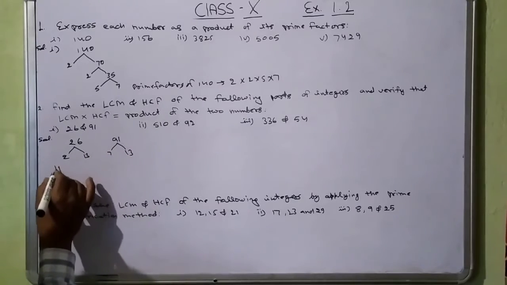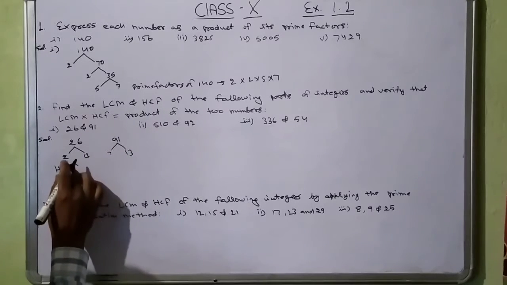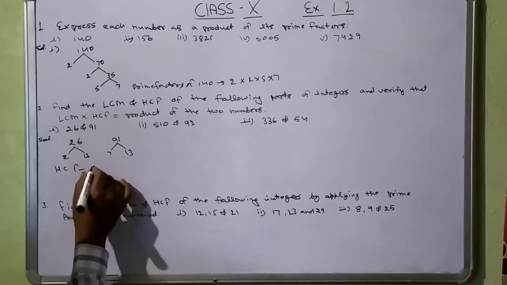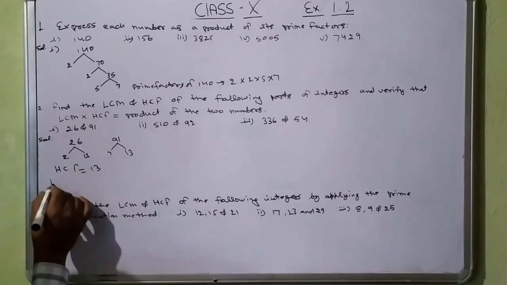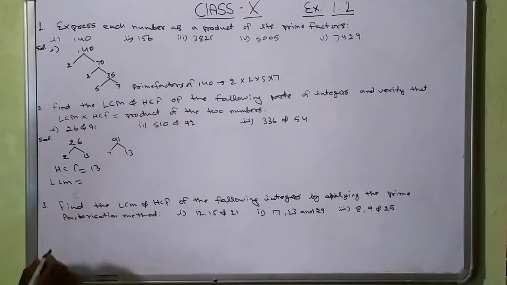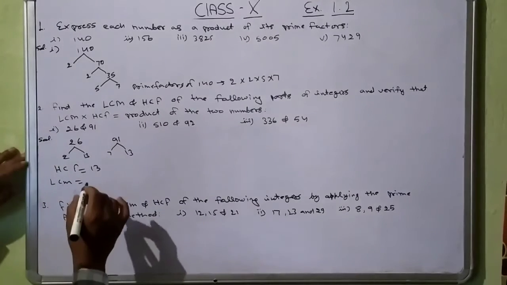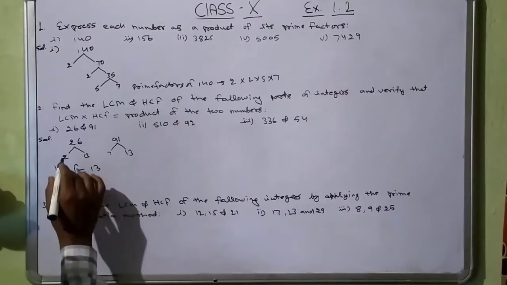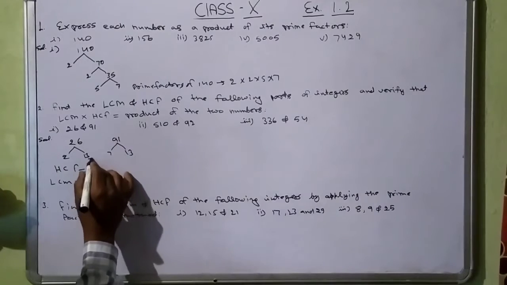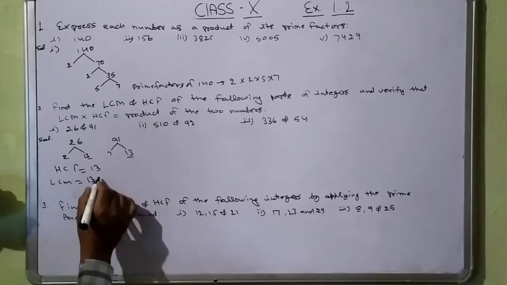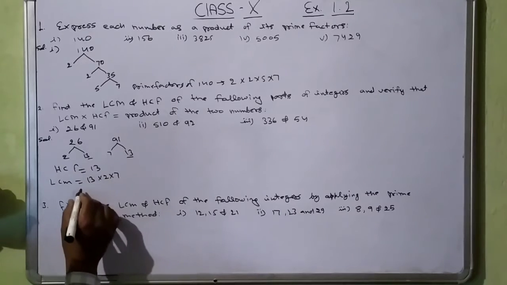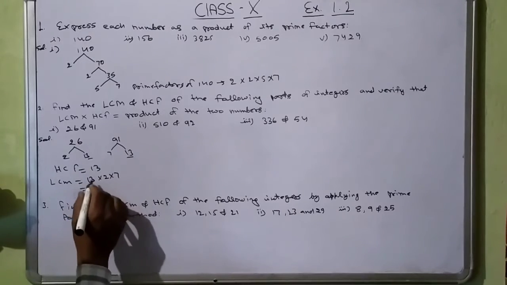So HCF is equal to 13, because 13 is common. LCM is equal to, since 13 is common, we write 13, and then 2 and 7 are left, so write 2 and 7 also.